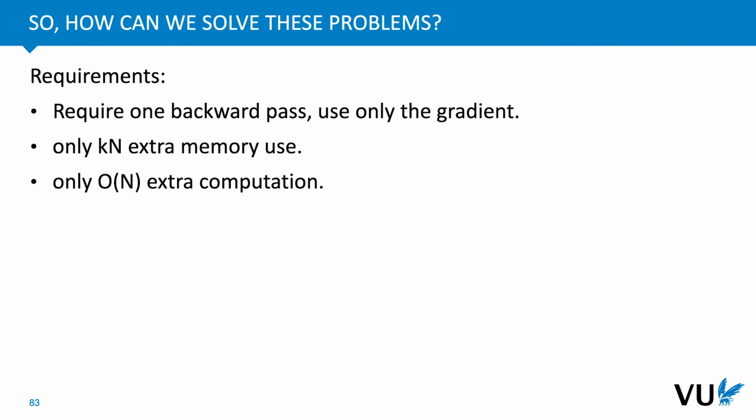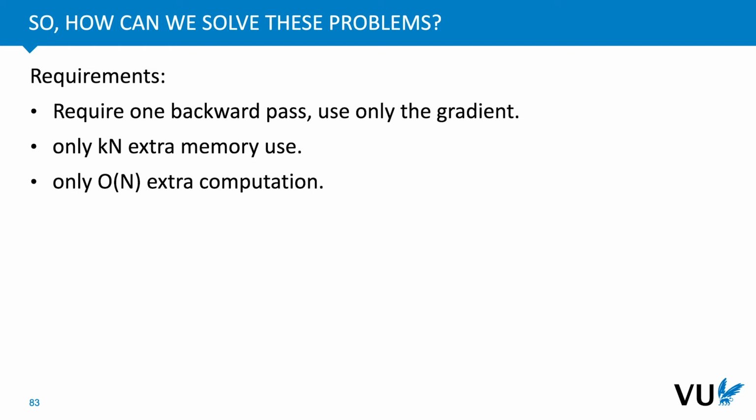So, if Newton's method doesn't help us solve these problems, how can we solve them? To summarize our requirements, for these large models we require one backward pass. So ultimately we want to use only the gradient. Our memory use should be linear in the number of parameters that we have.